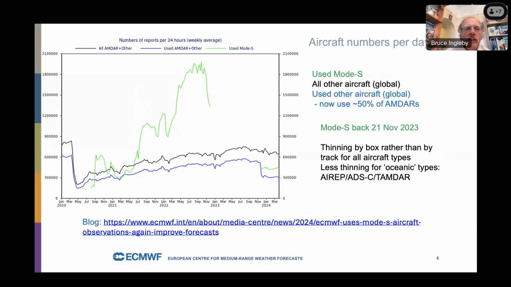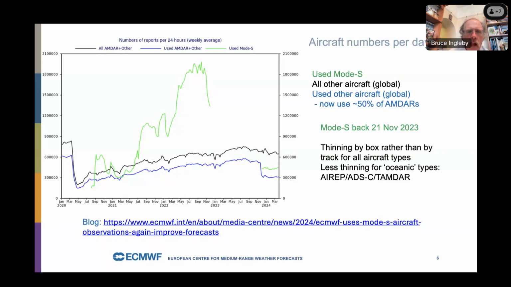We started using Mode S in summer 2020 during the pandemic when aircraft numbers were depressed, and we put it into operations quicker than planned because of the pandemic. And we just put it in winds only, essentially as AMDAR data, using all the same parameters.